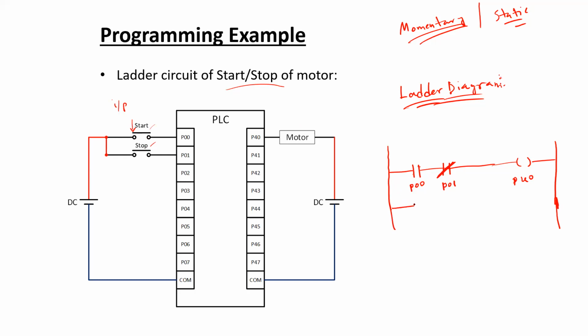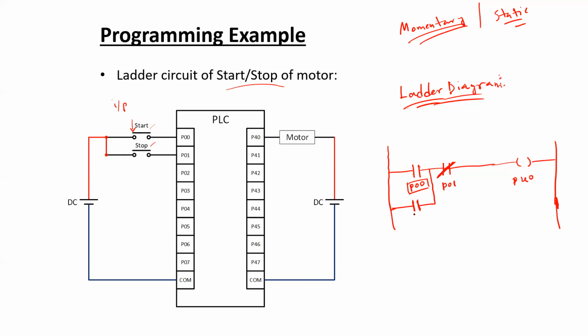So a parallel or bypassing path should be created, like one of the students said earlier. The purpose of this parallel path is to eliminate that problem: when you release the switch, P00 returns to its initial state, which is normally open, but you want another path that will keep the motor getting the necessary high signal.